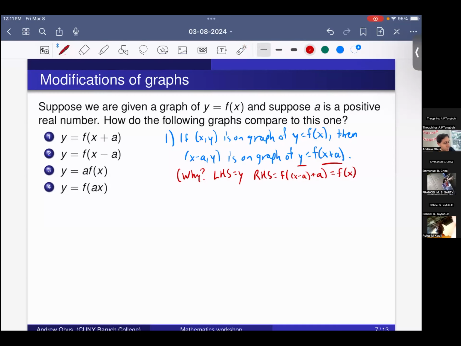Okay? So this shows us that if I plug in the point x minus a and y to this new graph, it actually lies on the graph. If I plug in x minus a for x and y for y, then this equality holds. And so the upshot is that the graph of f of x plus a is the original graph.